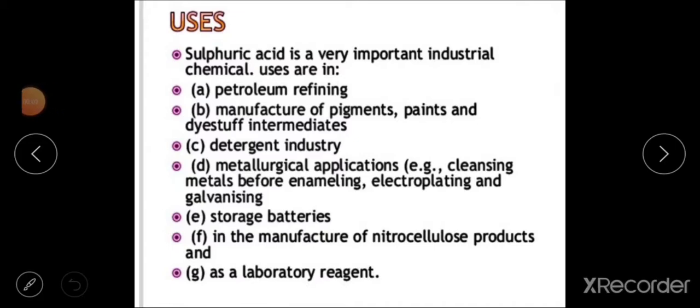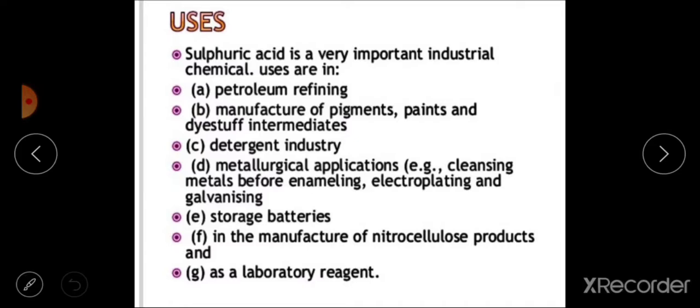Then next is uses of sulfuric acid. Sulfuric acid is a very important industrial chemical. It is used in the manufacture of fertilizers, that is ammonium sulfate, superphosphate, etc. Second use is in the manufacture of pigments, paints and dyestuff intermediates.